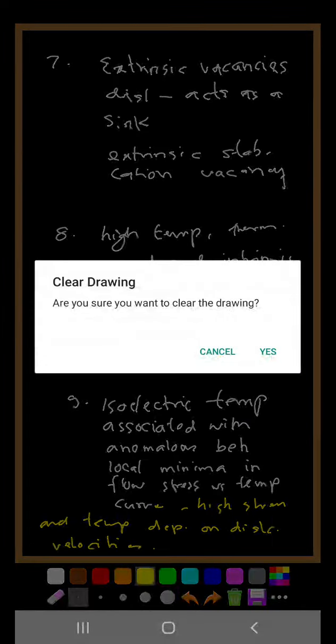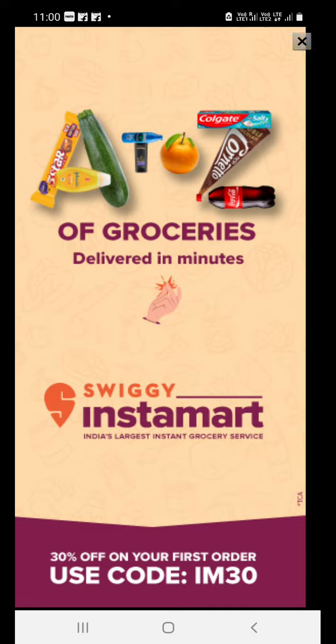The tenth postulate is that another way by which dislocations can acquire charge is sweeping of vacancies during their motion.